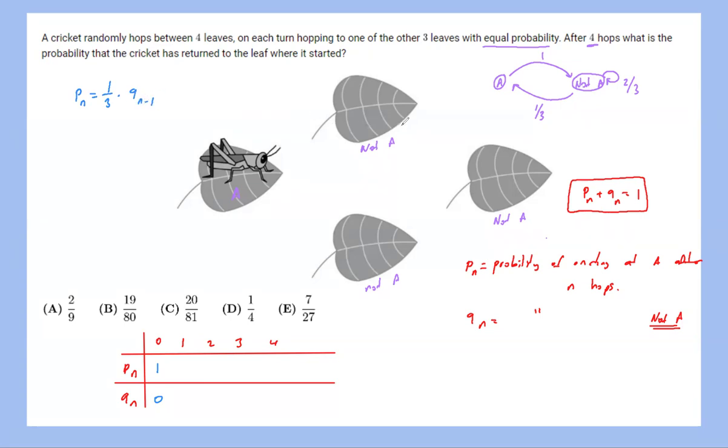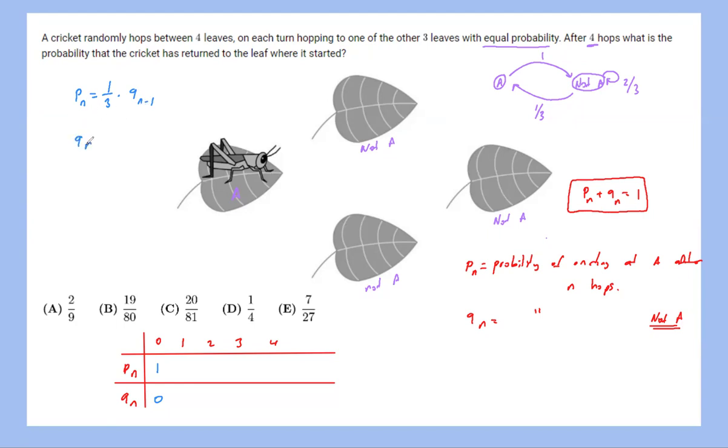N minus 1 is just the previous second. So if you end at one of these three locations, then there is a 1/3 possibility the next hop will end at A. So that's the first equation.